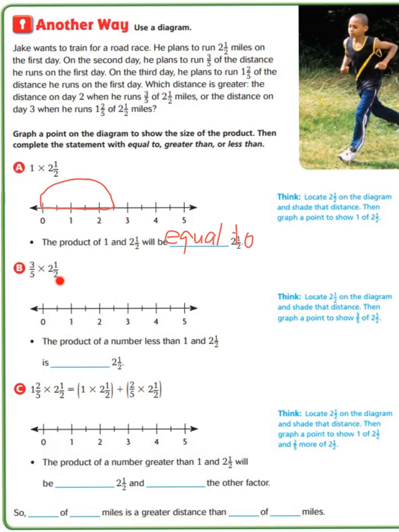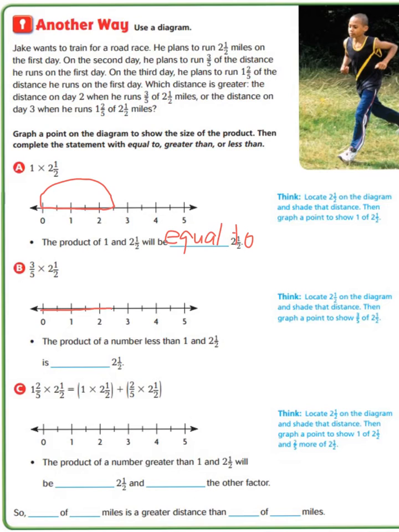So now let's take a look at our next one. 3/5 times 2.5. Now this one gets a little bit more complicated. So we know that the second factor tells us how far. So let's go over to our 2.5. Now our first factor tells us how many jumps he made. And it is a fraction of 3/5.